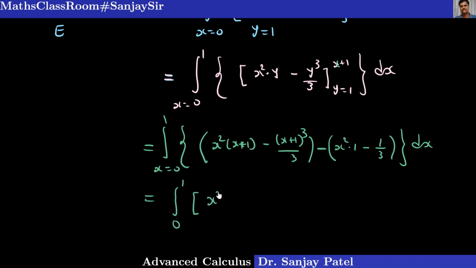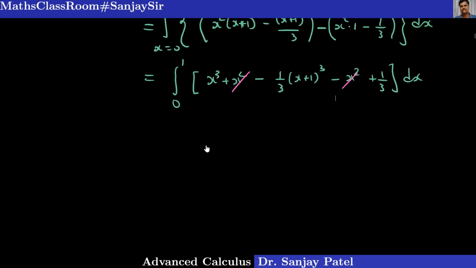So it is x cube plus x square, and then this I can write as minus 1 by 3 times (x plus 1) cube minus x square plus 1 by 3. So this x square and x square will be cancelled, and we can integrate this directly without simplifying. The integral of x cube is x raised to 4 upon 4.